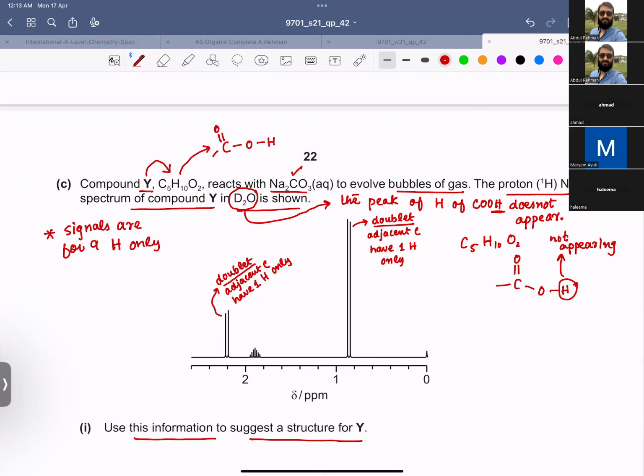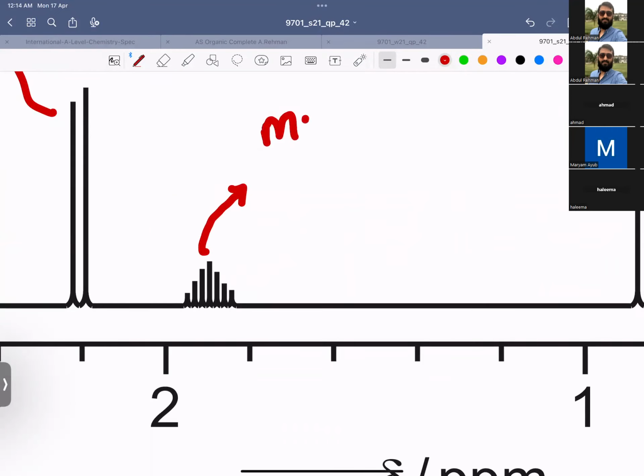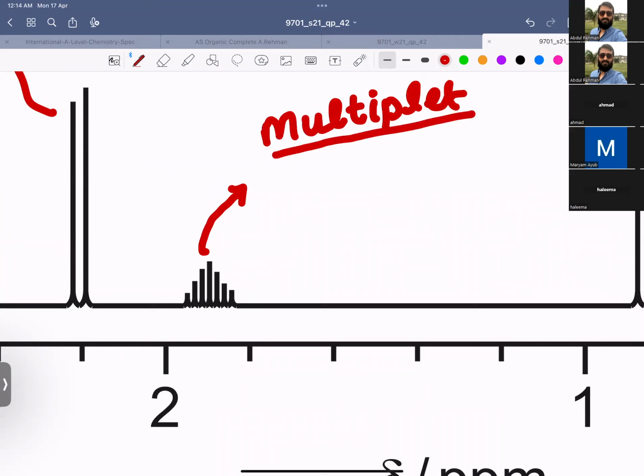Now, if you see this signal, can I call it a multiplet? But if you count the number of peaks in this signal, there are 1, 2, 3, 4, 5, 6, 7, right?